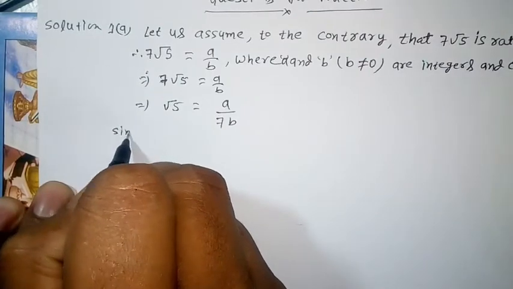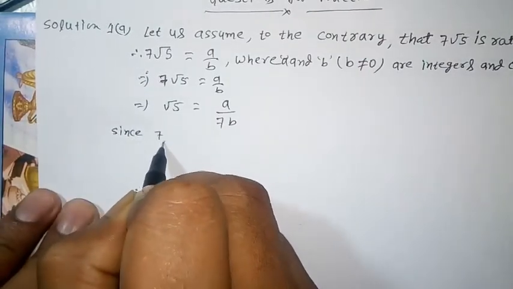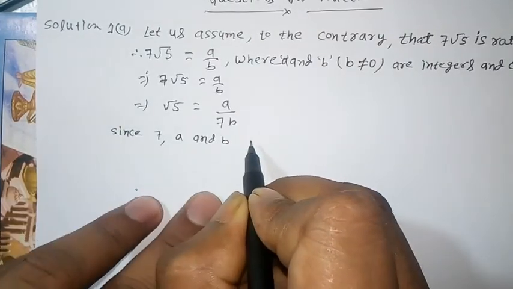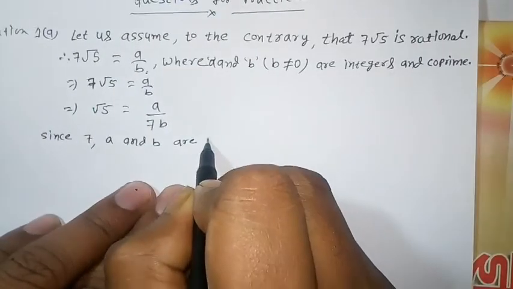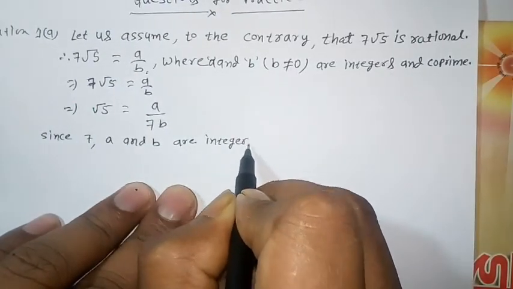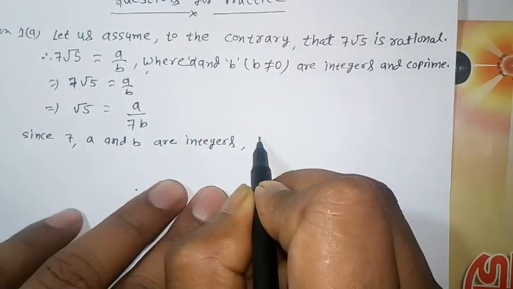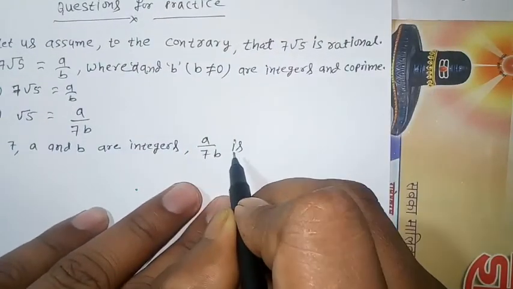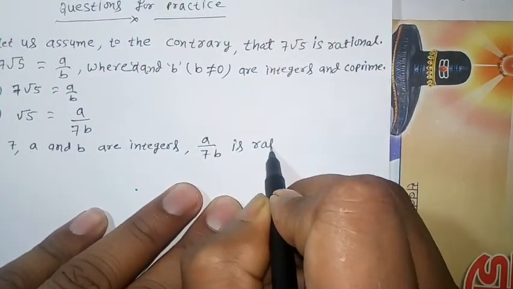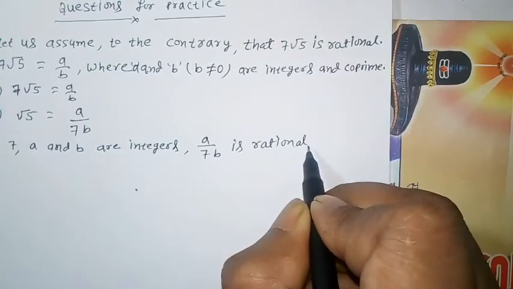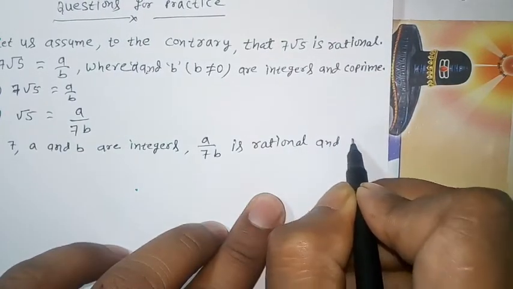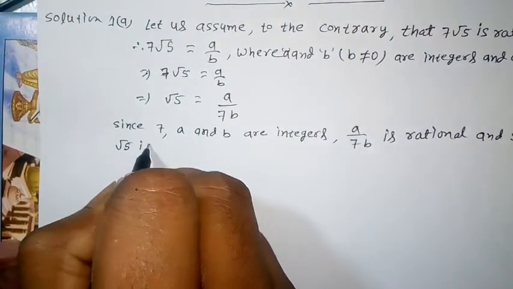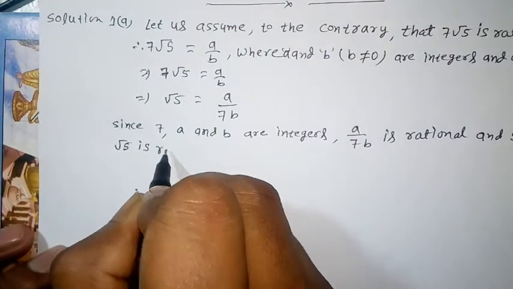Now I write, since 7, a and b are integers, a by 7b is rational. Therefore a by 7b is rational, and so root 5 is rational.